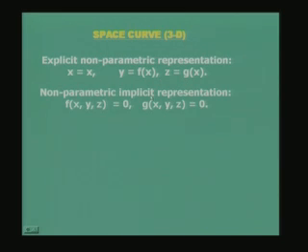You can have non-parametric implicit form f x y z equals 0, g x y z equal to 0, that is also possible. This is an interesting case, non-parametric implicit representation: f x y equals 0, g x y equal to 0 in 2D, or f x y z equals 0 and g x y z equal to 0 in 3D.